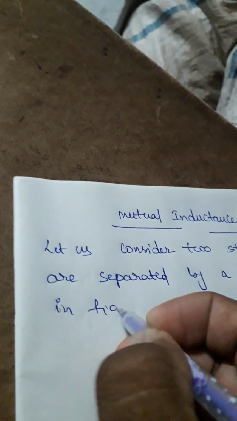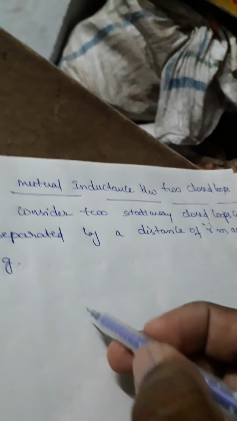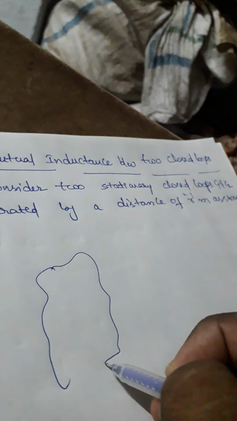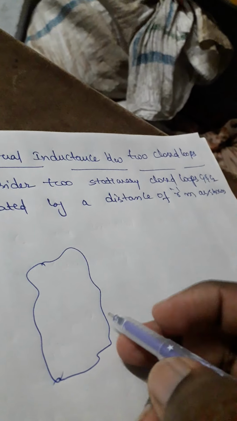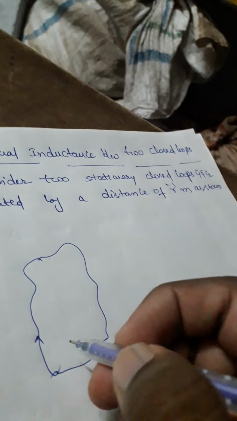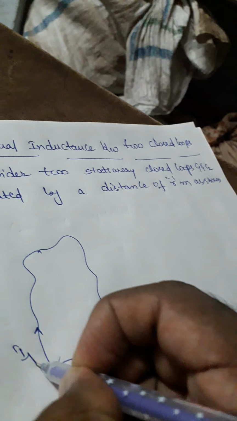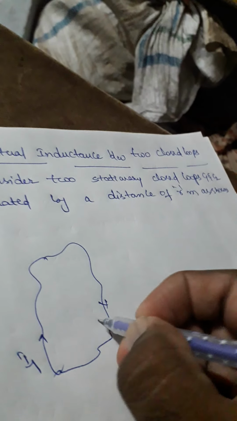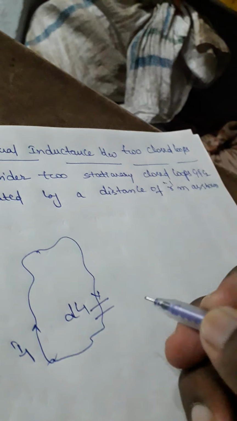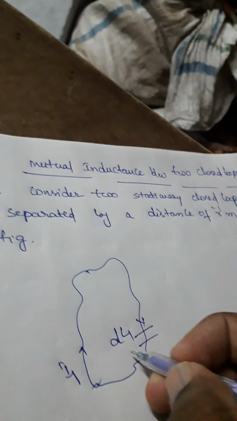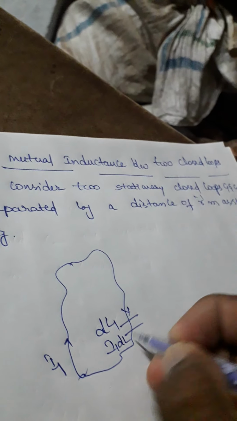as shown in the figure. See here, this is closed loop C1 and the current that flows through this closed loop C1 is I1, and let us consider a differential length dl1. So then here it is I1 dl1.